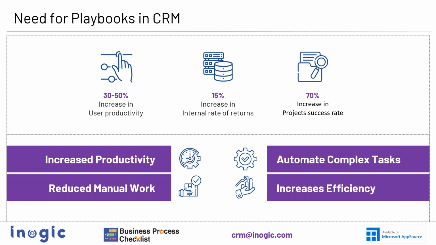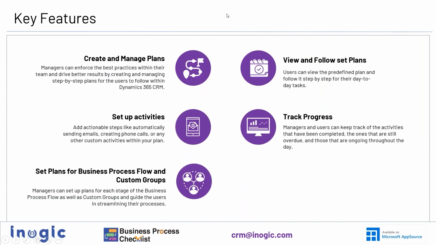Now, let's take a closer look at some of the key features offered by our business process checklist solution. The business process checklist is a very powerful tool designed specifically for Dynamics CRM users, and it serves as a valuable aid for simplifying and enforcing the business-specific playbook guidelines and policies at every stage of the process.